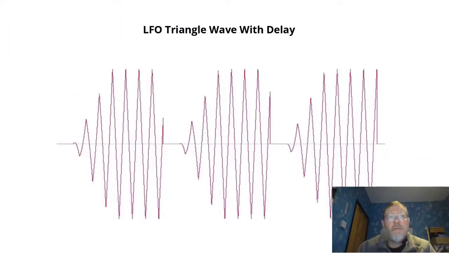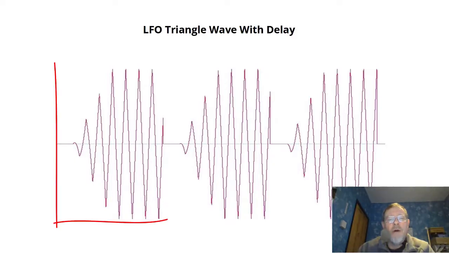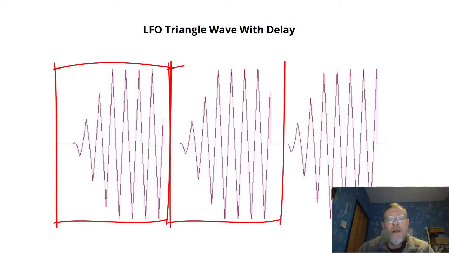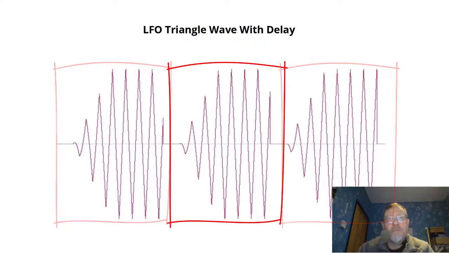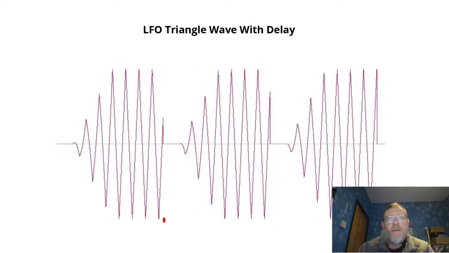Here we have the output of a triangle wave LFO with delay. So what's happening here? Well, we've got three notes here, one after the other, so we'll consider the middle one. At this point we have a note on, so the LFO delay starts.